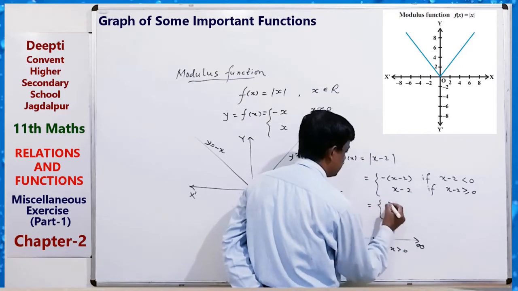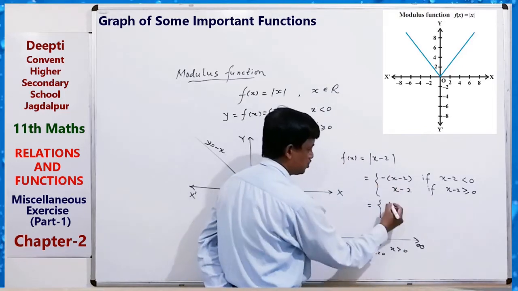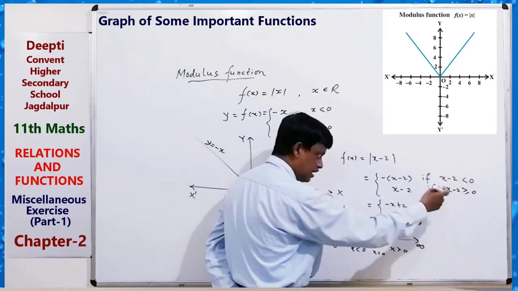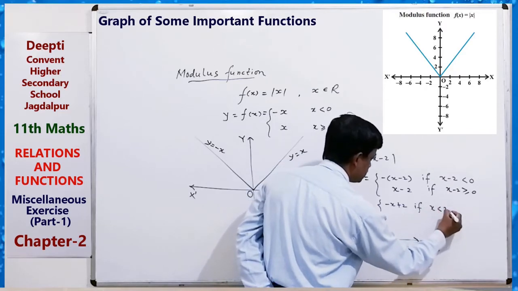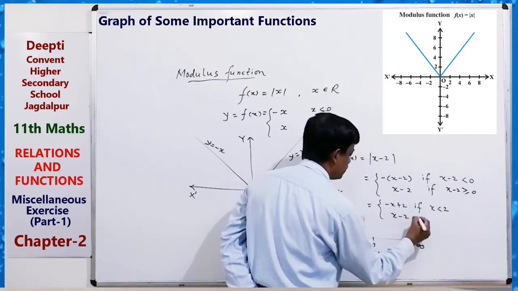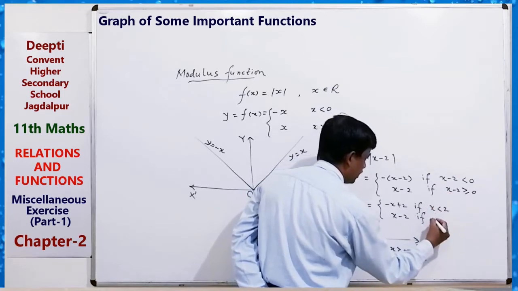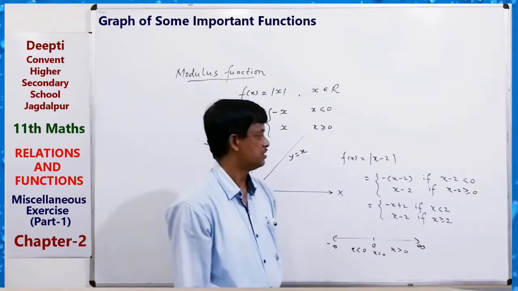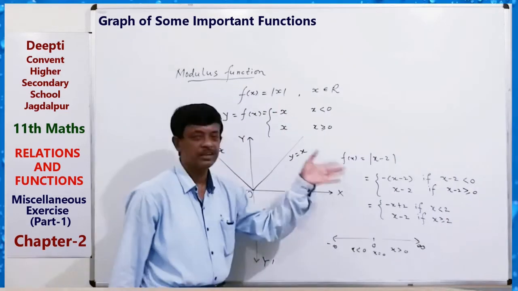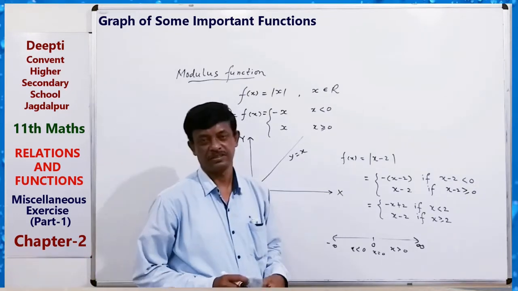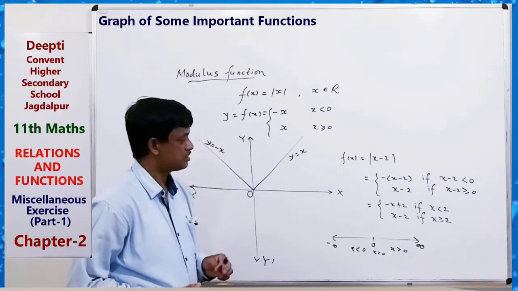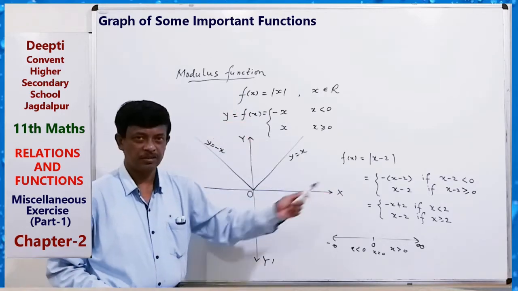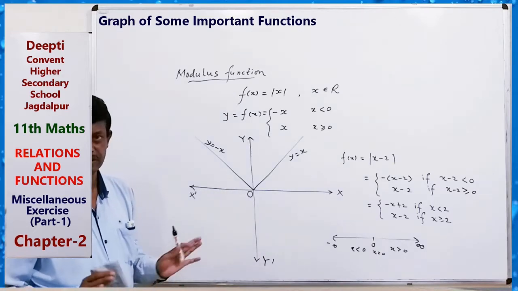So this equals minus x plus 2 if x is less than 2, and x minus 2 if x is greater than or equal to 2. This is the breaking of this modulus. So by using this definition we can break modulus into two parts. Very important functions, so remember how to break modulus in intervals. And the graph of the modulus function is this.